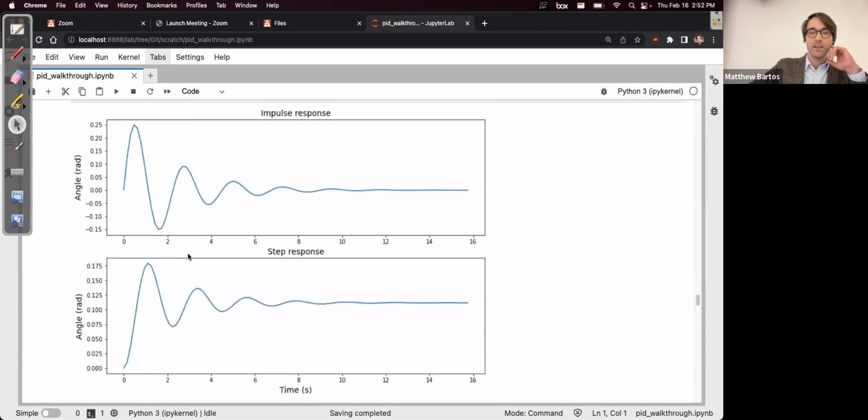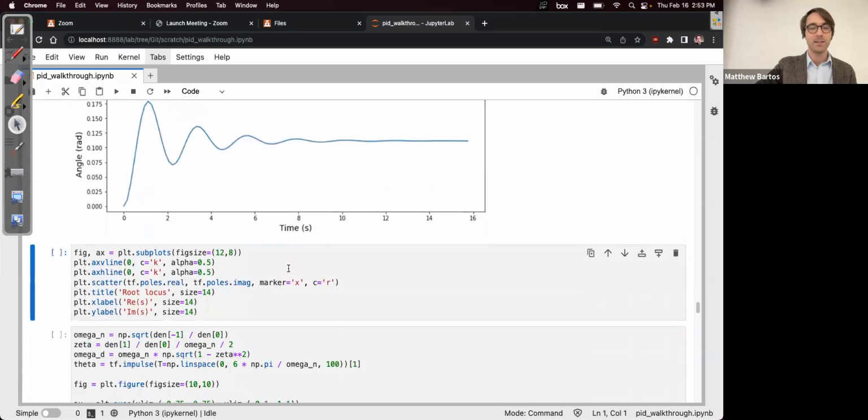So let's see what happens when we simulate this system. Here is our impulse response and our step response. It looks almost exactly the same as the structural system that we looked at earlier in the class. When it gets hit with an impulse, the angle initially increases rapidly, it restores its position, and then the damping causes the oscillations to eventually die down to 0.